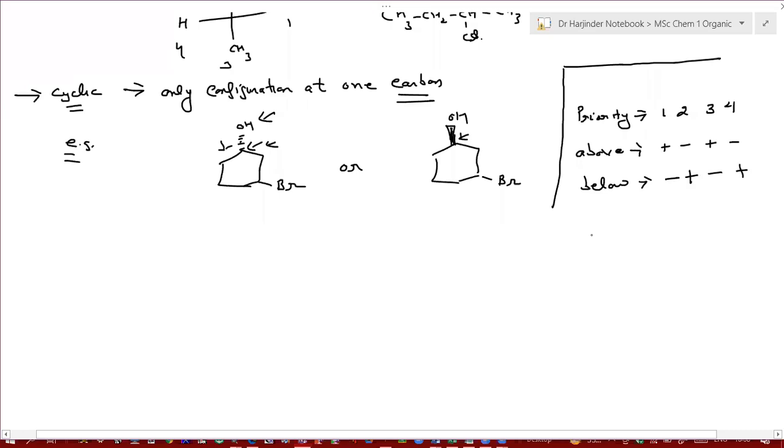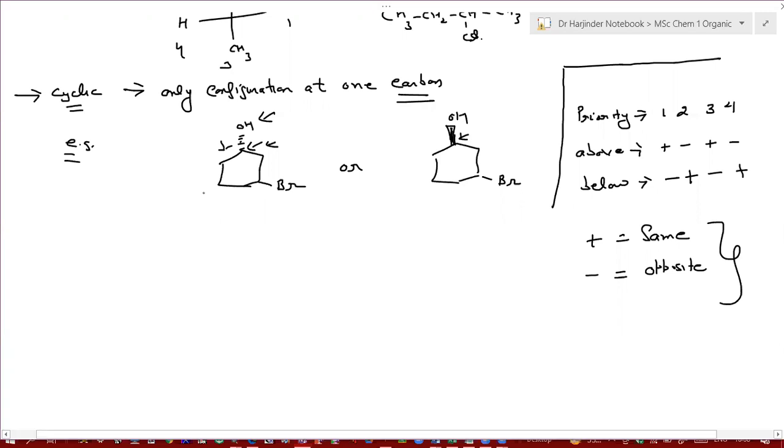Now here plus means you have to write the same configuration whatever is coming when we move from 1, 2 to 3, and minus means you have to write the opposite configuration. So if it comes plus, you write the same: clockwise R, anti-clockwise S. And if it comes minus, you write the opposite: clockwise S and anti-clockwise R.